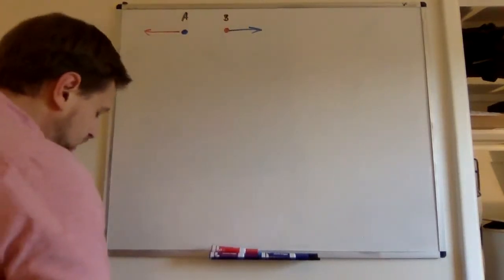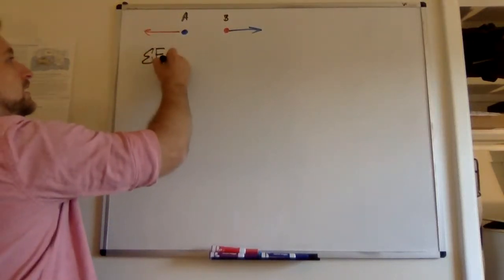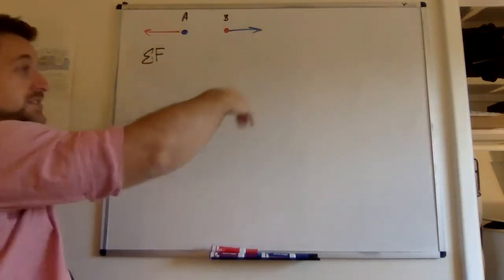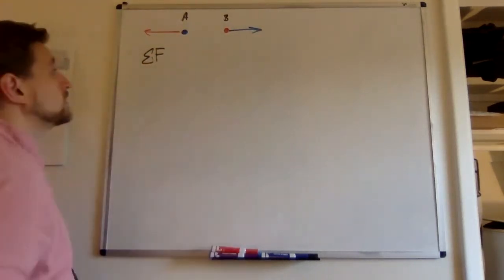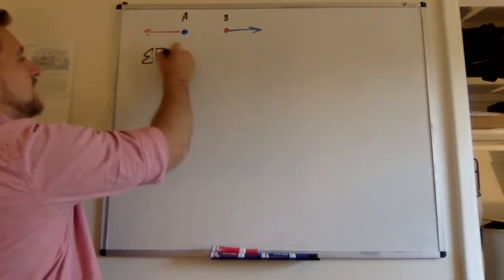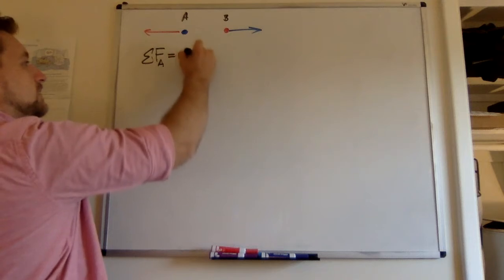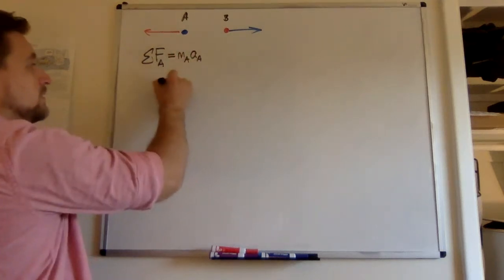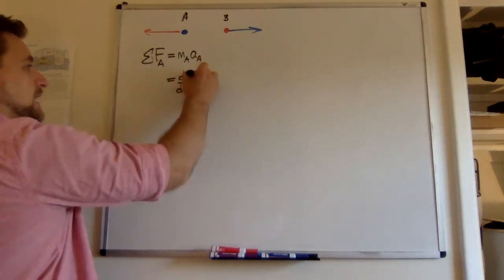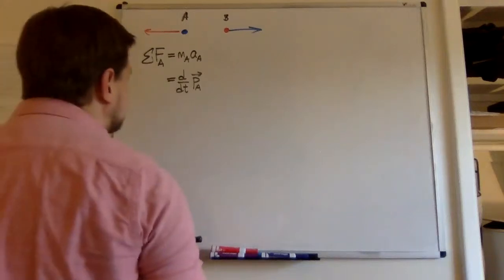So what do we know is true? At this point, we know that the sum of the forces acting on A, and let's stay one-dimensional for now. We could expand this discussion to multiple dimensions, but for now, let's stay one-dimensional. The sum of the forces acting on A is the mass of A times the acceleration of A, but we also know that it's the rate of change of the momentum of A. That's the new version with the new momentum definition.